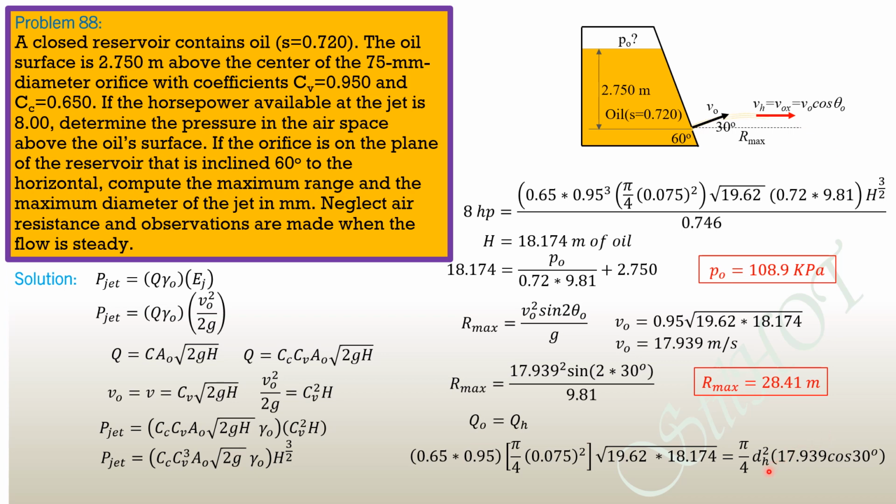So from here, we can solve for the diameter of the jet at the highest point, and that's the maximum: 0.06498 meter, or in mm, 64.98 mm.